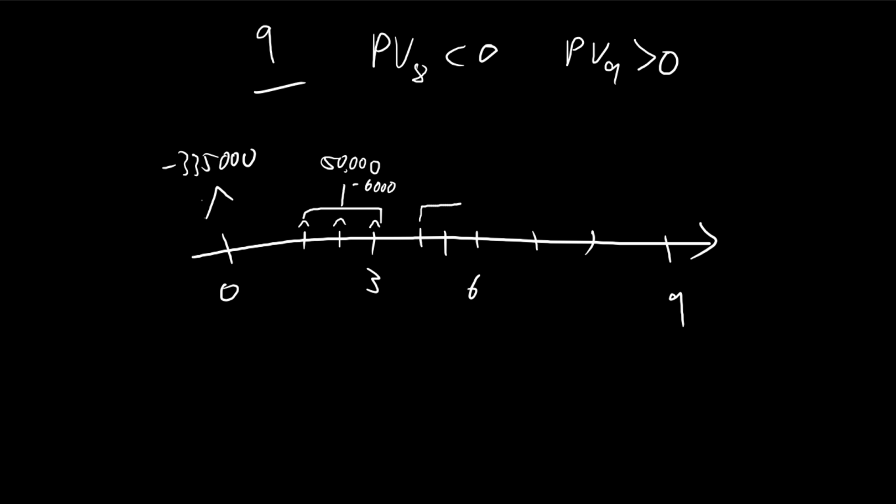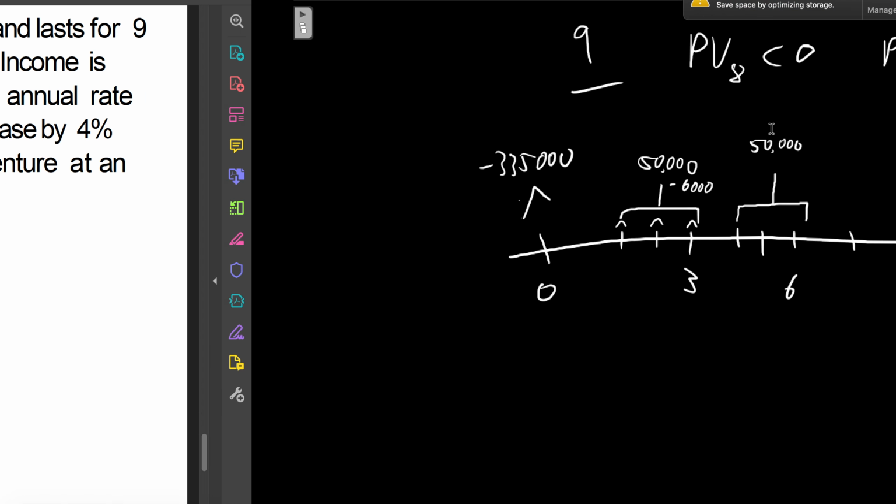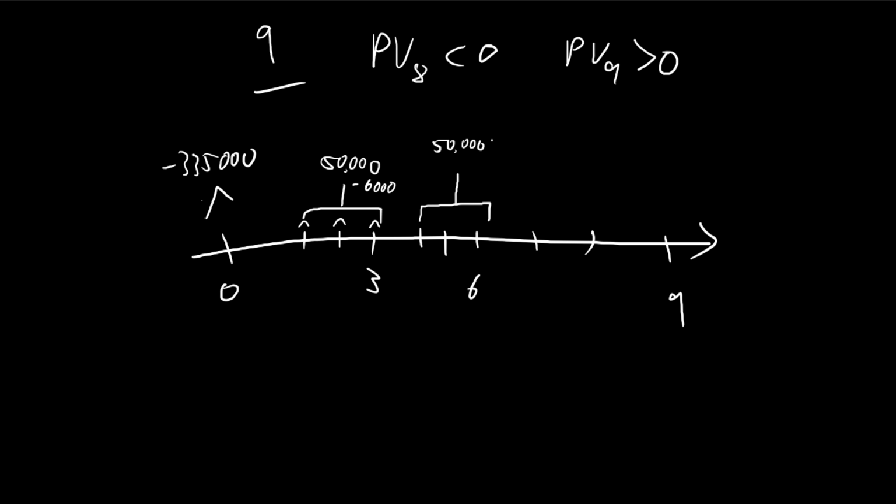And then within these 3 years, from 4 all the way to 6, the income is going to increase by a factor of 4%. So that is given to us. So the income in these 3 years is equal to 50,000 times 1.04. And it applies again to these 3 years, 4, 5, and 6.